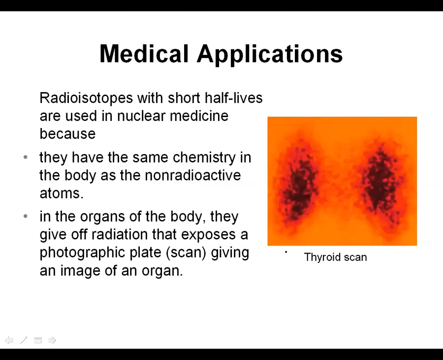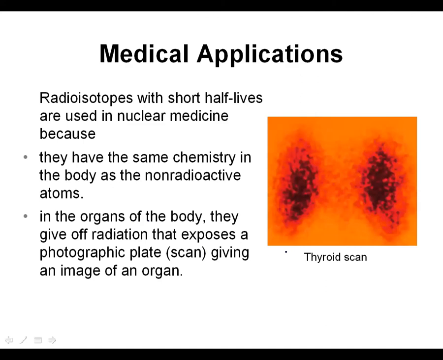So as we talked a little bit earlier about medical applications of radioactive isotopes, again, we typically want to choose those that have short half-lives. Again, you wouldn't want, obviously, anything that involves a really long half-life.